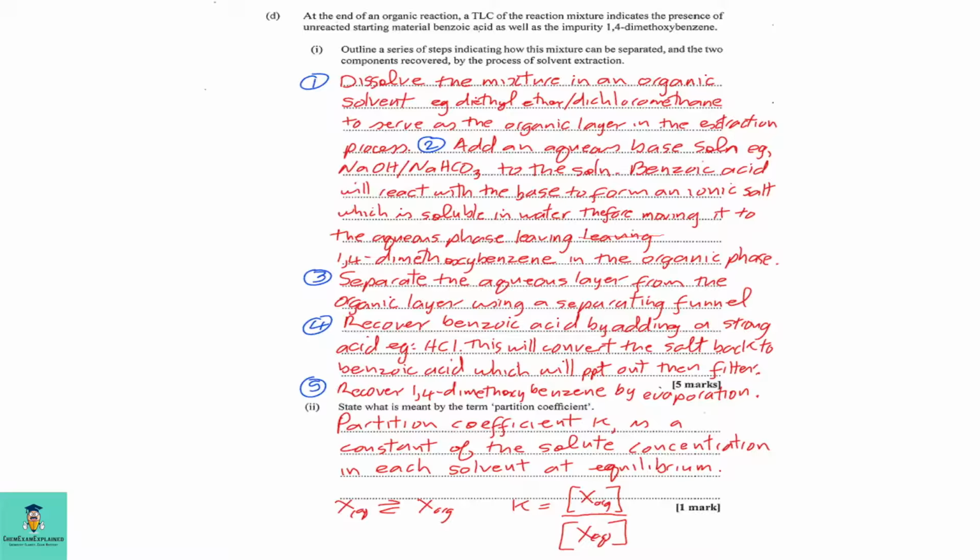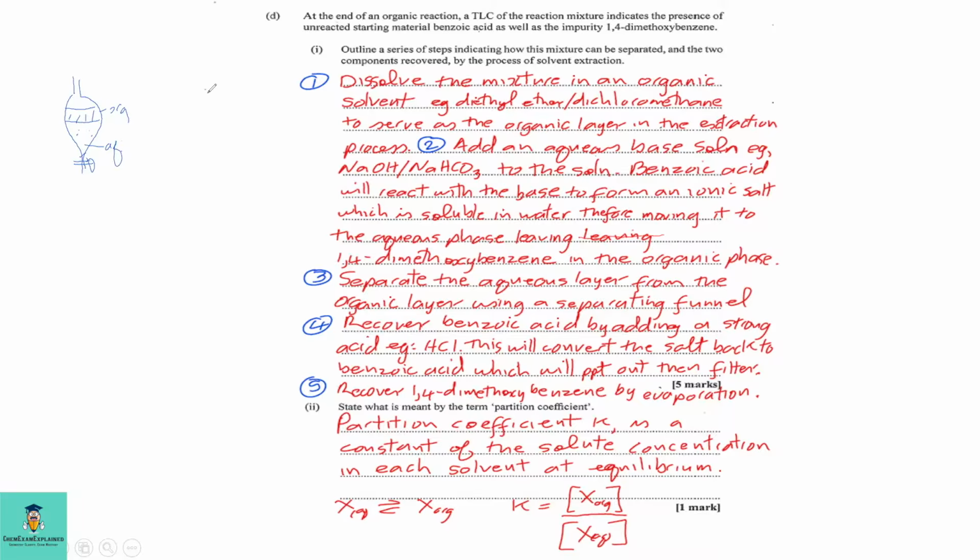If it was the other way around, if we are moving the solute from the organic phase to the aqueous phase, then the aqueous phase would be on top, because it must be product over reactant. So let's look at an example. If I have a funnel and we have our phases, one here and the other here. Let's call this here the organic phase. And this here would be the aqueous phase.